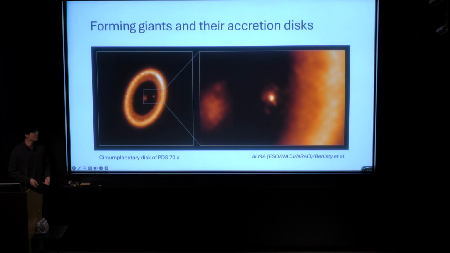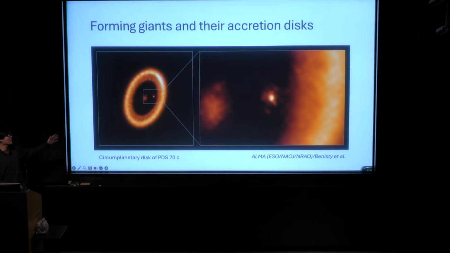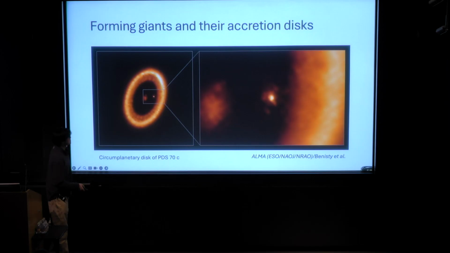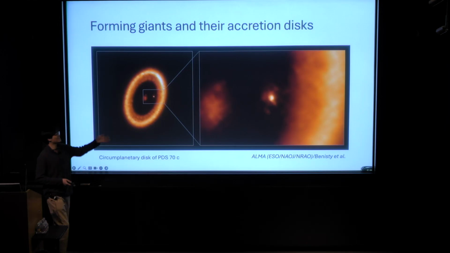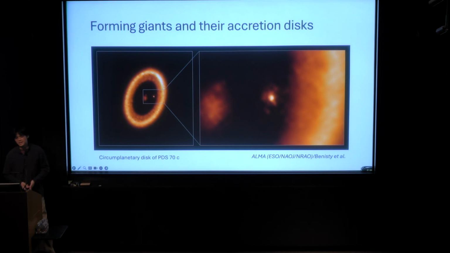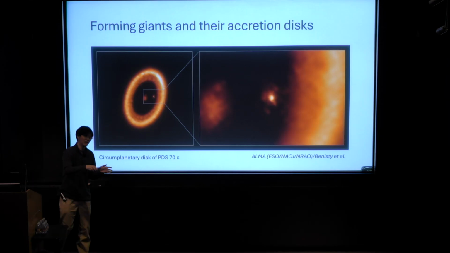More excitingly, if we zoom in near the planet c position, we see these dusty blobs, and this is exciting because that is the accretion disk around c. It has long been proposed in theory that when giant planets accrete, due to angular momentum conservation, the material will gather around it and form a disk.